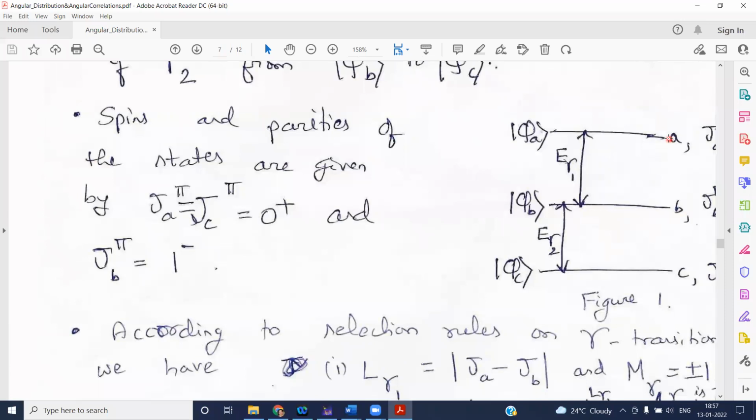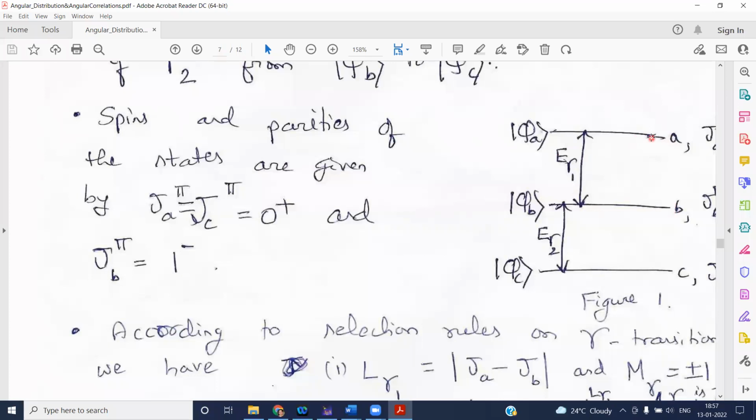What is J_A? Are you with me? 0. J_B? 1. So what is the L value of gamma 1?